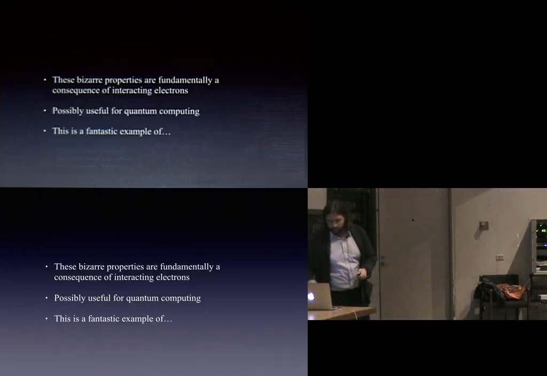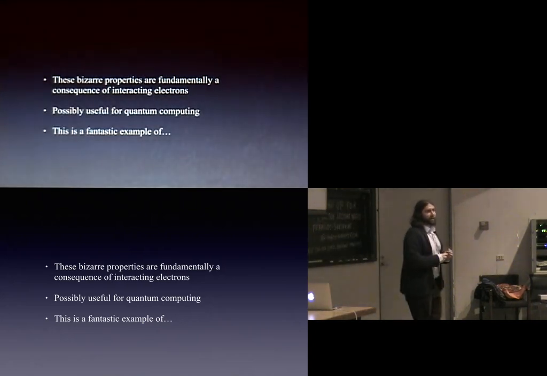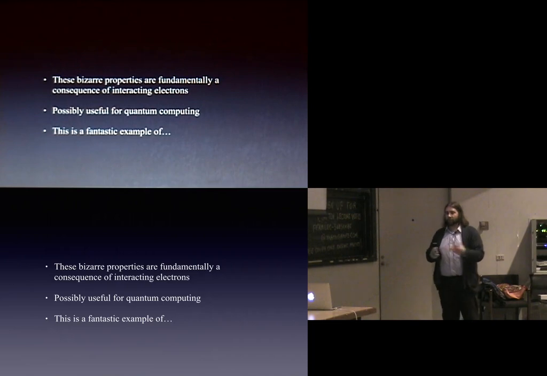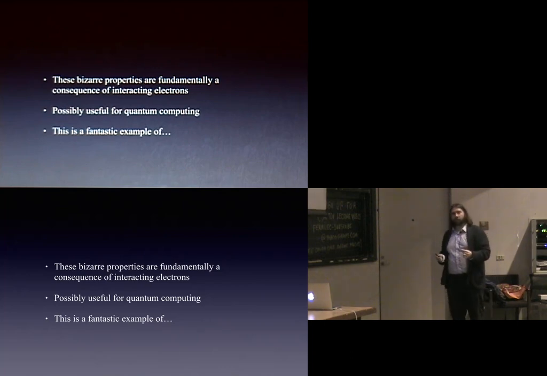So that's my lightning overview of quantum Hall physics, which we'll be exploring in much more detail in the coming weeks. And I want to just point out now that these properties are fundamentally a consequence of having a whole bunch of electrons stuck together in a metal, and they're interacting very strongly.